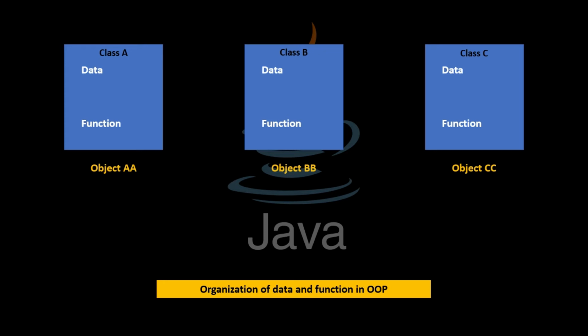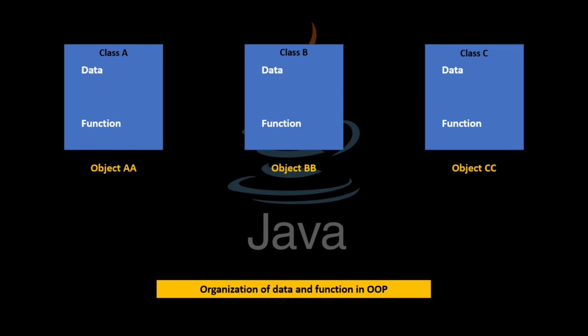And then what is a class? A class is nothing but the space or area where you write your data and functions in object-oriented programming. So basically, a class is a collection of data and functions.